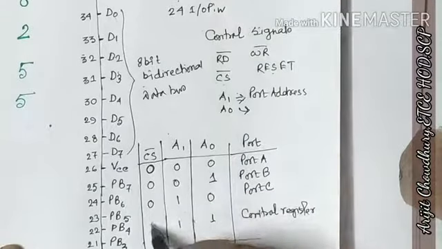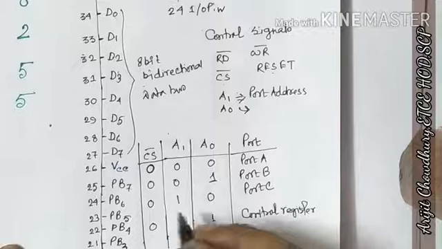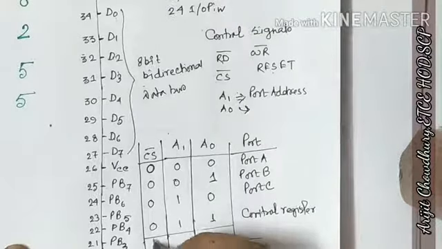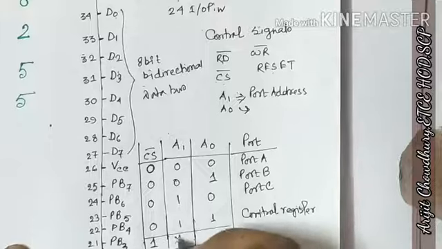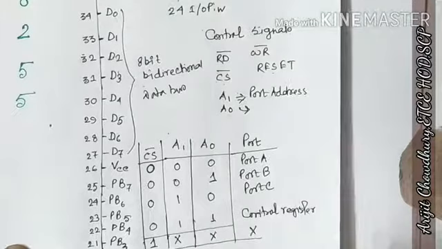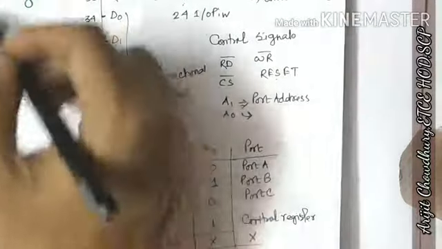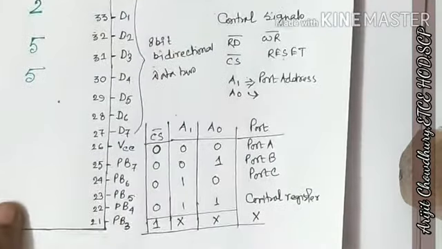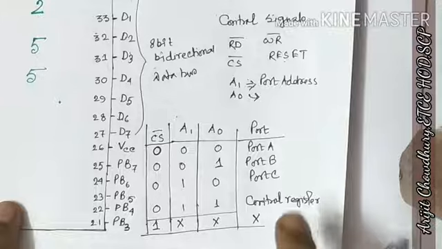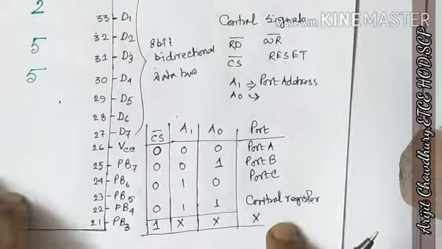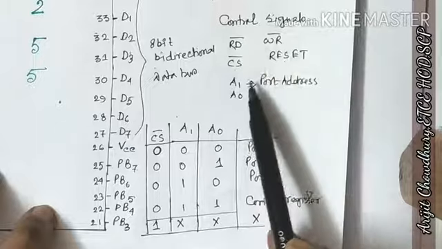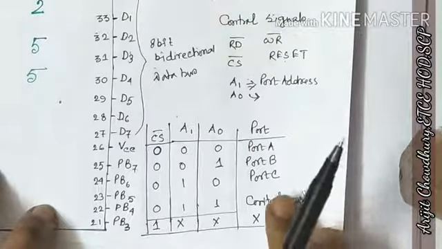CS value is 0; if the CS value is 1, then we do not select any PPI IC. These, CS, RD, reset, A1, A0, are the control signals.